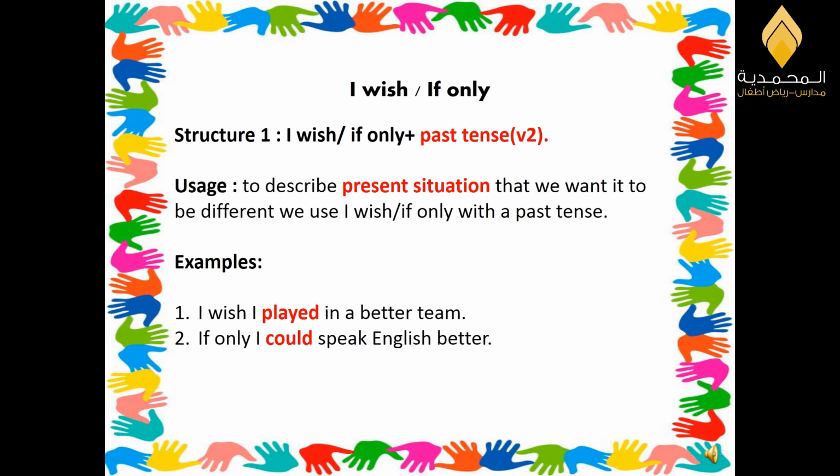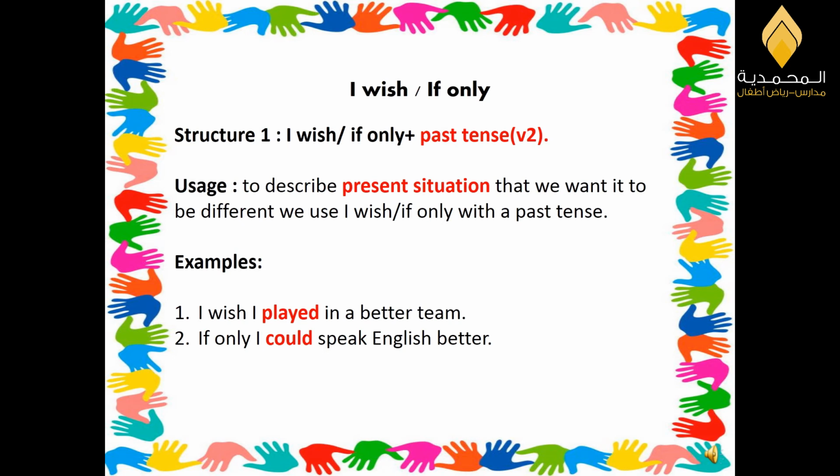For example, I wish I played in a better team. So I want to ask you something. Am I in a good team now? I'm not. So here we use I wish or if only with verb 2 to talk about the present situation that we wish were different.